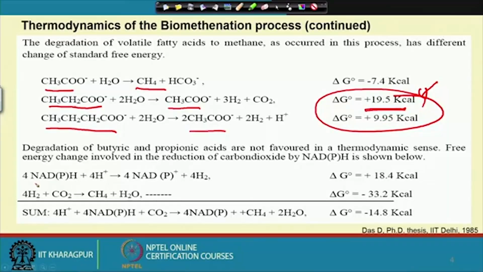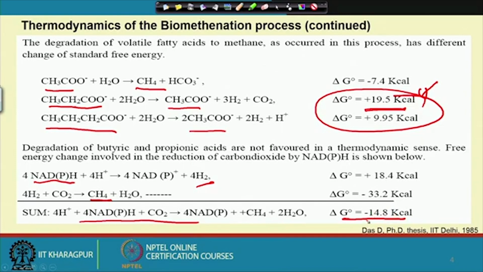Another is how NADH is converted to hydrogen, and then this hydrogen is converted to methane. Overall, that conversion process is minus 14.8 kilocalories.